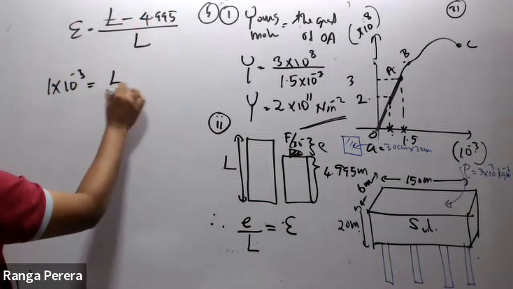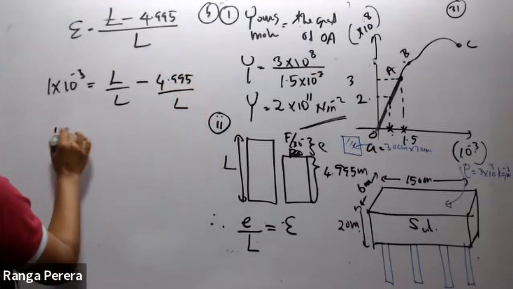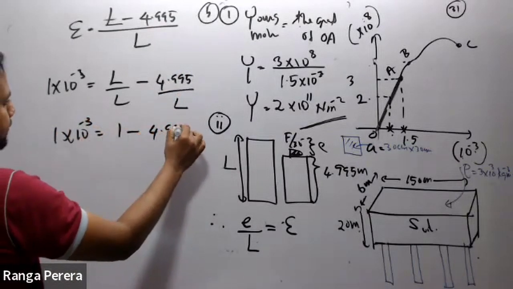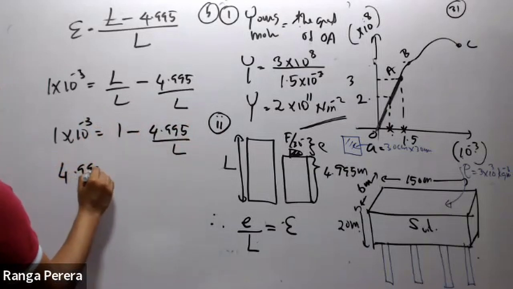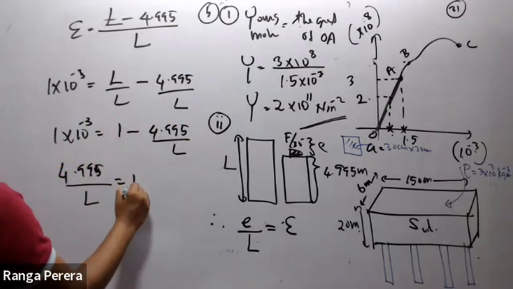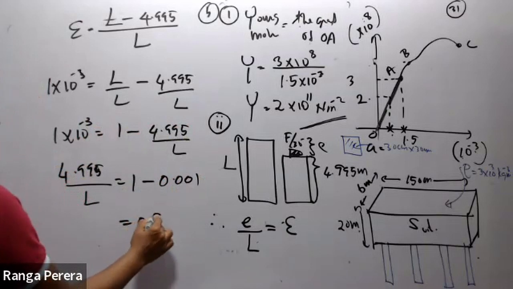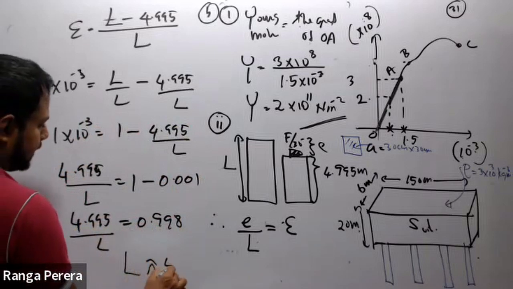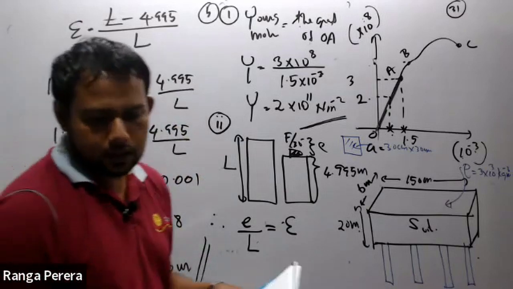That is 1 minus 4.995 divided by L equals 0.001. Take it to here: 4.995 divided by L equals 1 minus 0.001, which is 0.999. L is approximately 5 meter. When you simplify, you would get 5 meter.